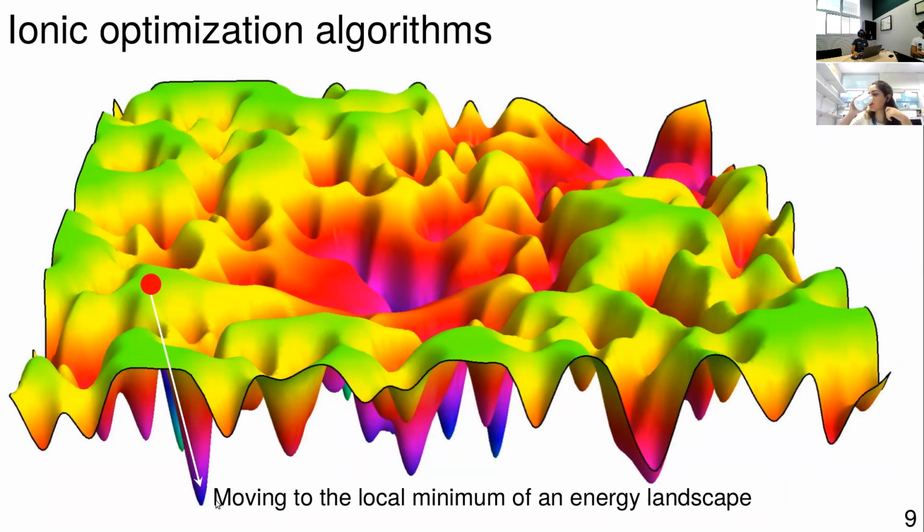The lowest energy configuration is at the minimum. Like every optimization algorithm, both electronic or ionic, it is done in order to make the point where you are, your initial state, fall into the minimum of your energy landscape.